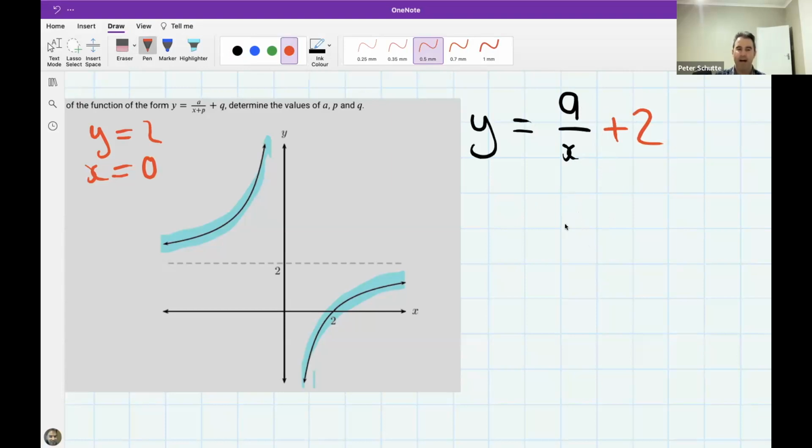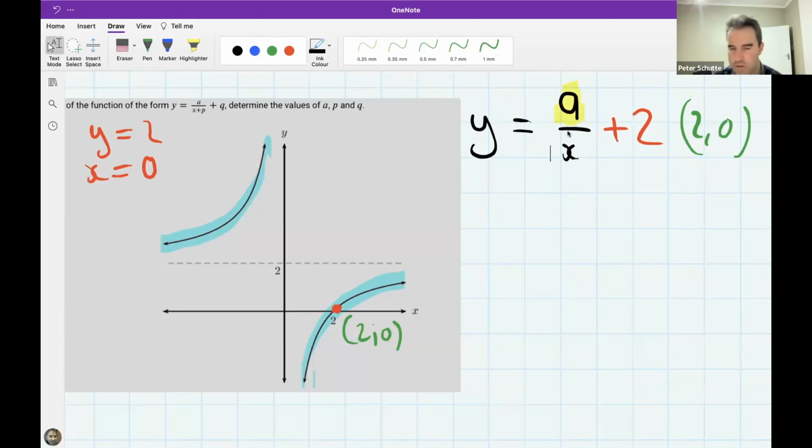But I need a point, and I've just figured out that there's actually a point here. That point's coordinates are going to be 2, 0. And you can use that 2, 0 to help you find what a is. So you can tell me in the chat what you think a is.